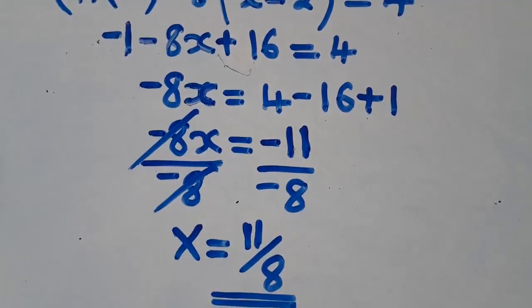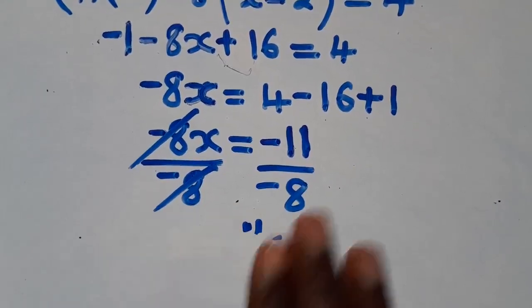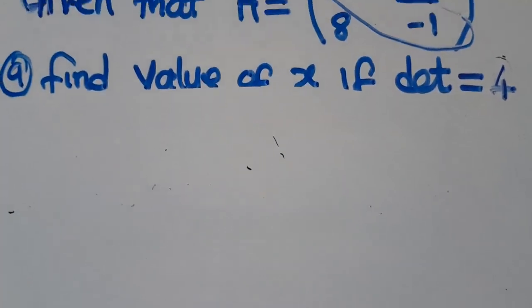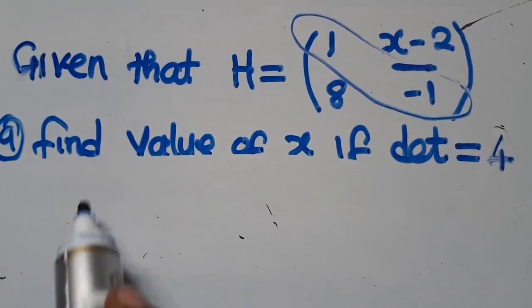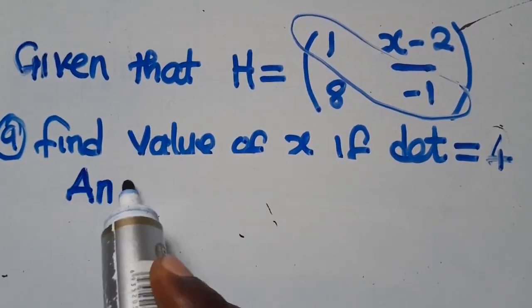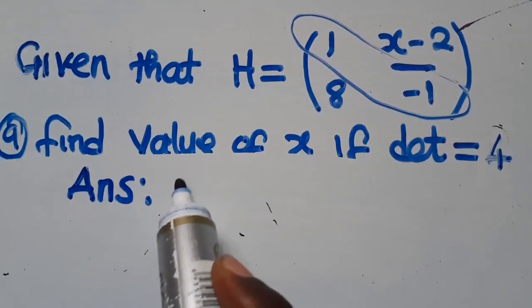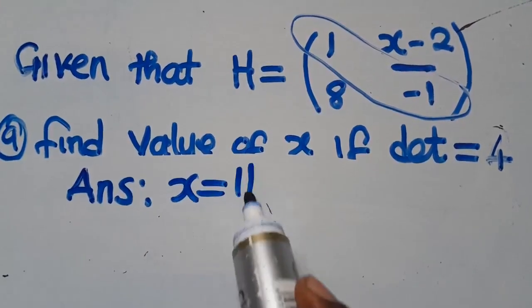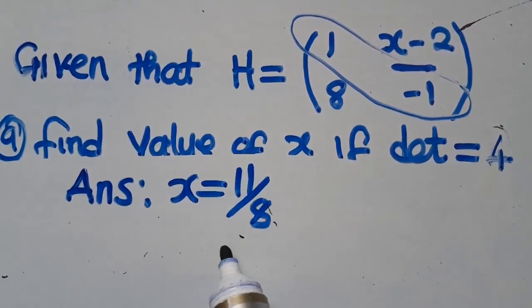Okay, so let's move to the other part. Hope you've written. So according to the first question, we've answered the first question. What's the answer? Our answer is x is equal to 11 over 8. That's the value of x.